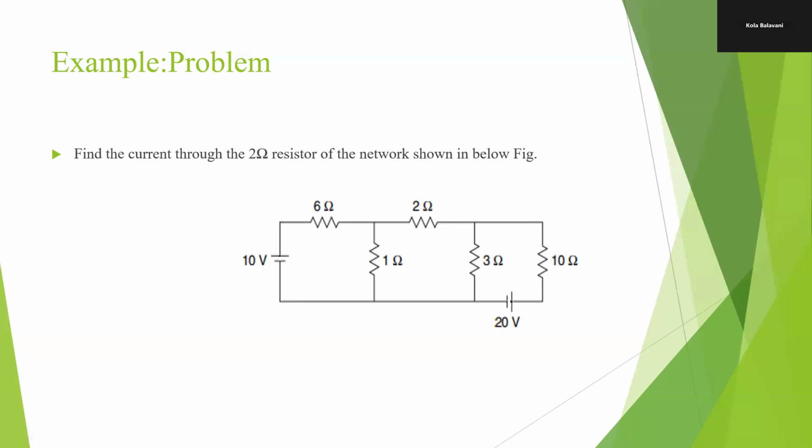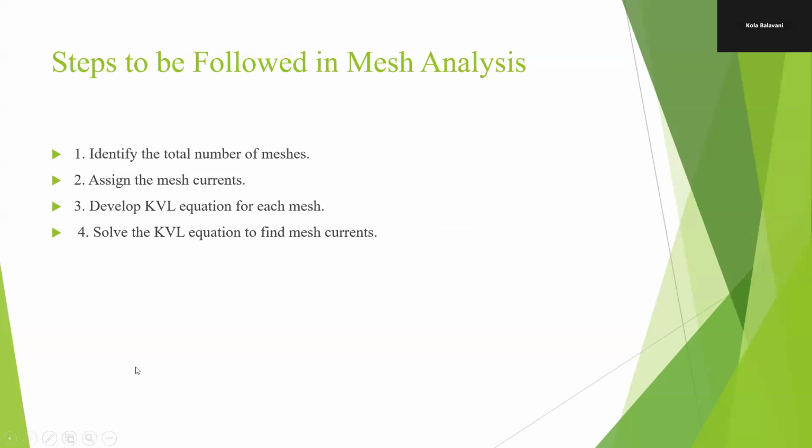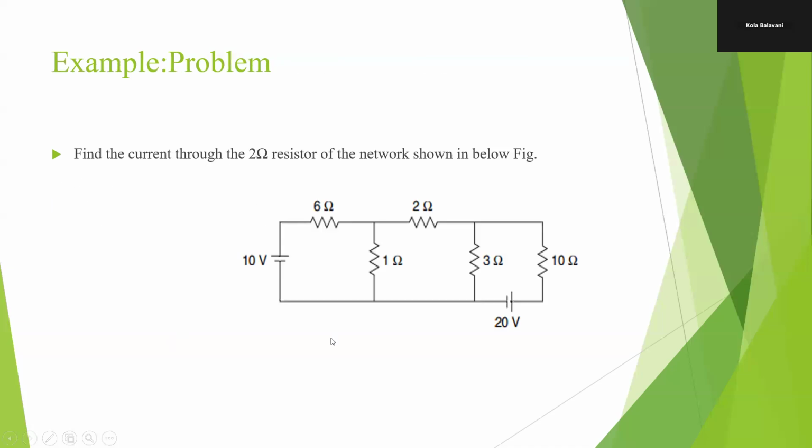To solve this problem, the first step is identifying the total number of meshes. So this is the first mesh, the second mesh, and the third mesh. A mesh is a closed loop which does not contain any inner loop, so that is why these are taken as meshes.